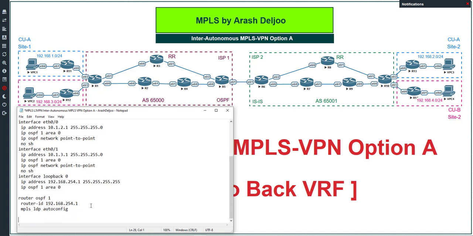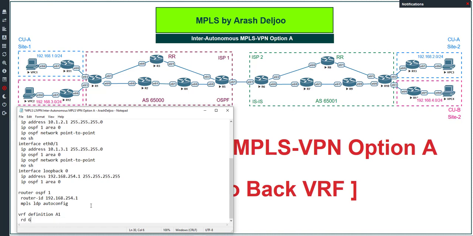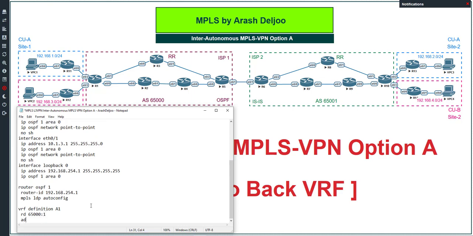Also, you know that here we have two VRF definitions, for example A1. Here for RD, let me use 65000:1, and address-family ipv4 unicast.